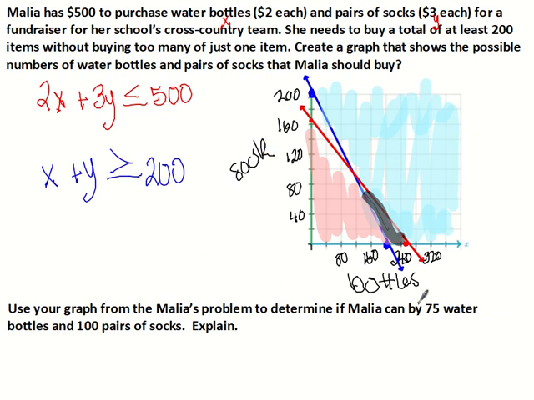So if we go find 75 water bottles, that's around here, and 100 socks, which is around here, would that even work? Okay, so you decide, would that even work? Could I buy 75 water bottles and 100 socks? Yes or no? Tell me why or why not. And we'll go over that when we get back to class.